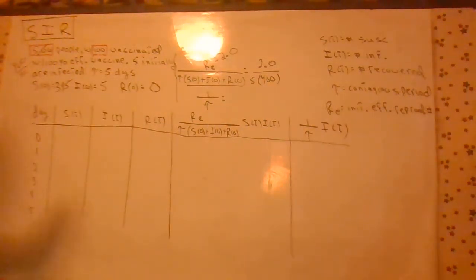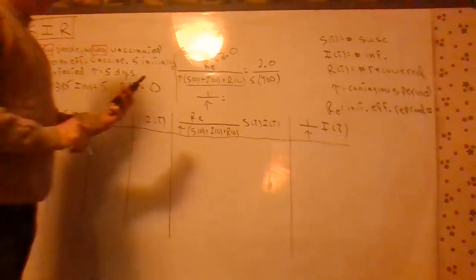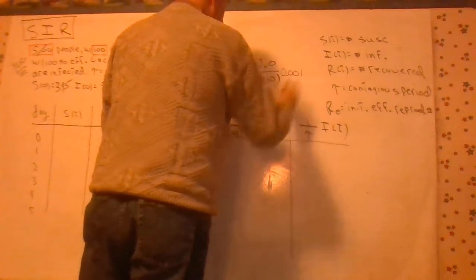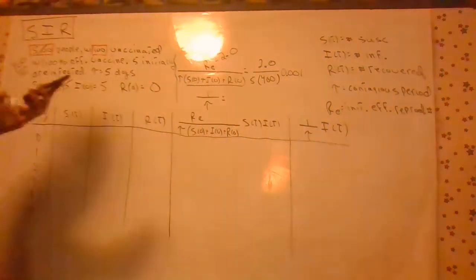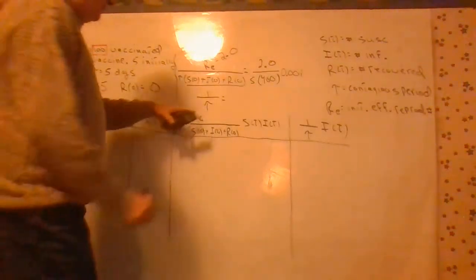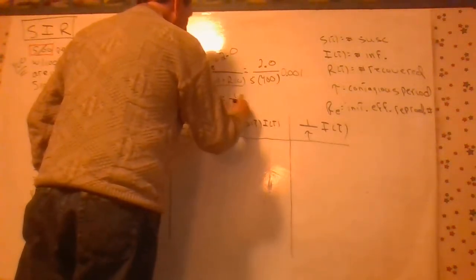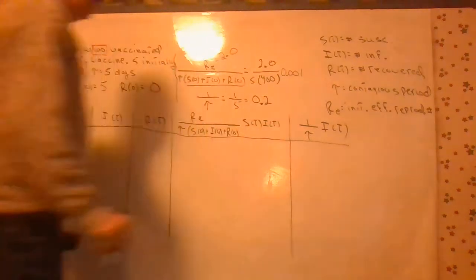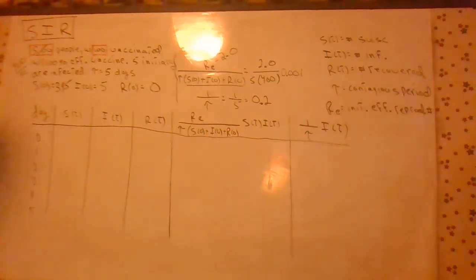Now we need to divide 2 divided by 5, and we end up with 0.001. And then 1 over tau is 1 over 5, which is 0.2. It's nice to have that.